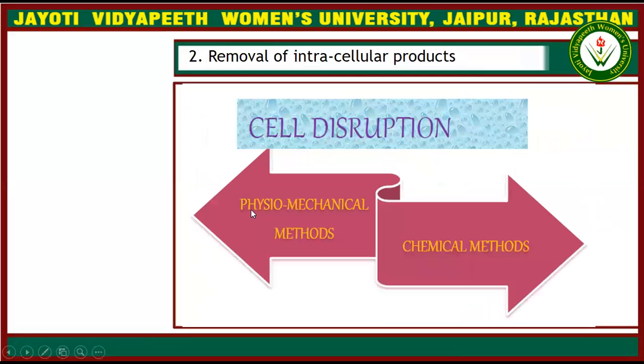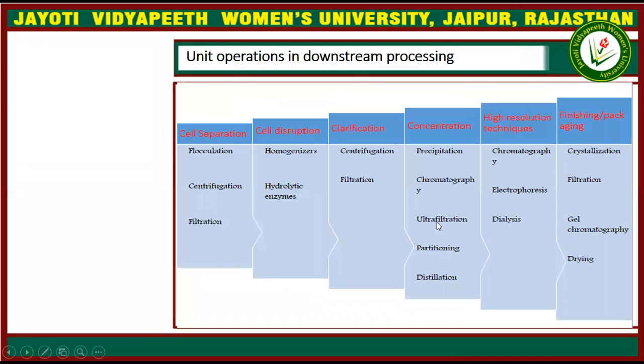But if we need the intracellular part, then we go to step number 3. What do we do for intracellular products? We go to the cell disruption method. For this, we perform physical, mechanical, and chemical methods of cell disruption.